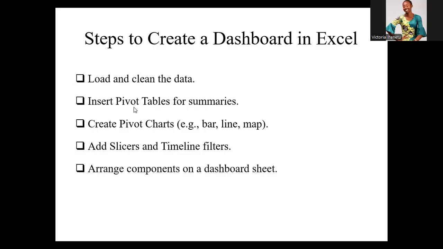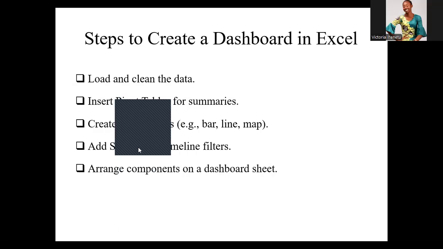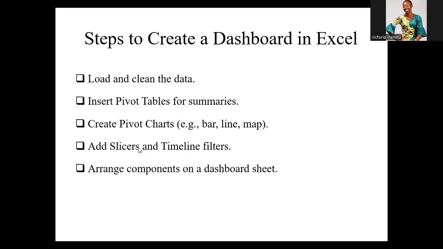Now let's see how we can do this for our month. We want to know our month. I will insert an entire column, and I'm going to call this Month.